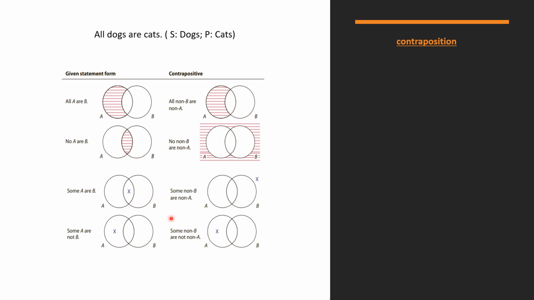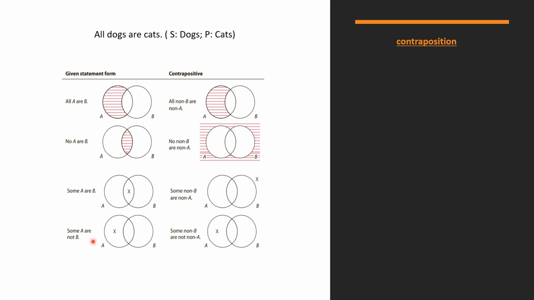And then the same thing goes with the O proposition. It says some A are not B. And we have here the same identical propositions as well, right? Some non-B are not non-A. Well, yeah, non-B are not non-A, right? Double negation here. It means that some non-B are A. That's what it means.